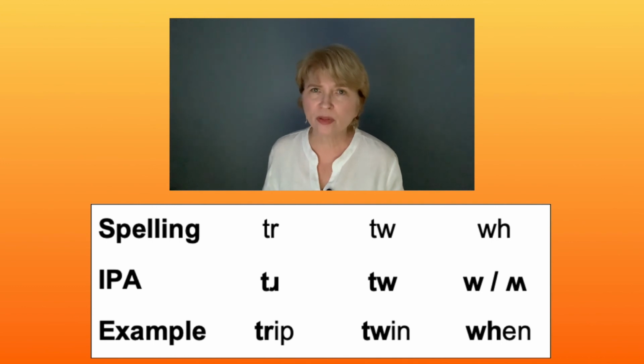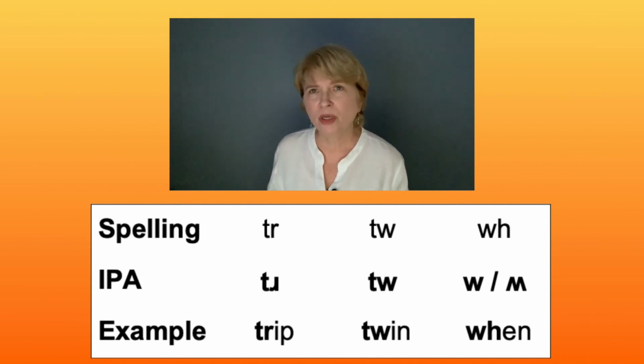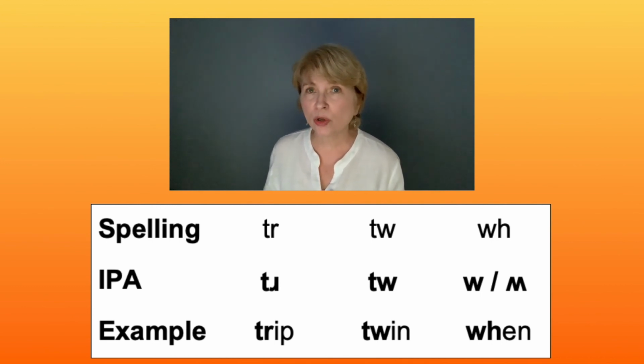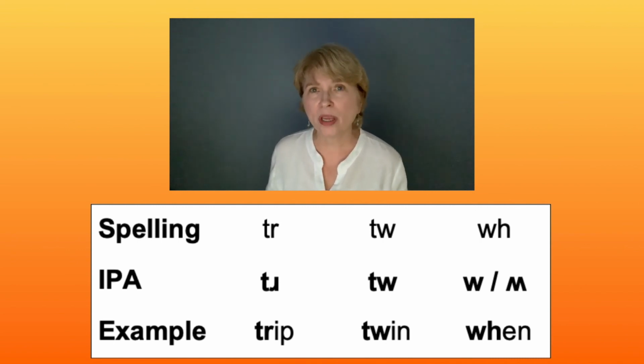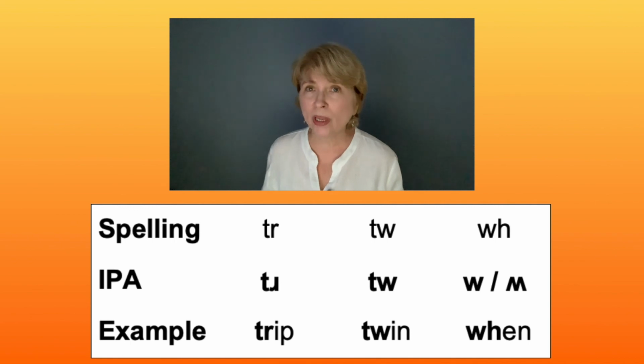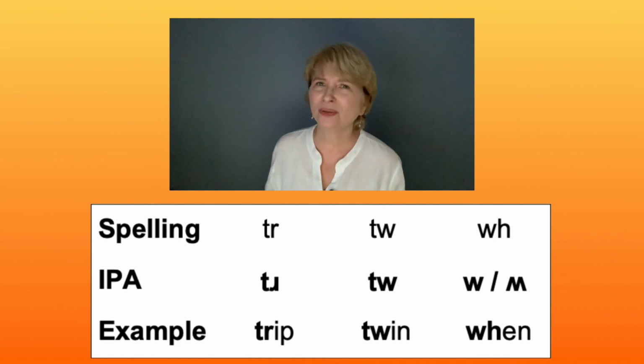If you choose to make the wha sound, be sure to only use that sound when the word has the H in it. For example, don't say when for win, W-I-N, win. Got it? Cool.